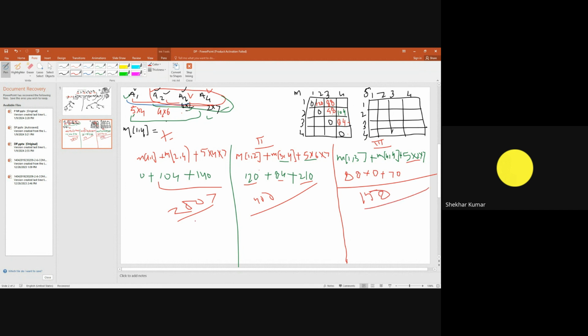In the first approach, the cost is greater than 200. In the second, that is also greater than 400. In the third one, the cost is 158. So I will consider the minimum one, which cost is minimum. So the minimum cost is 158. By multiplying all the four matrices, the value is 158.